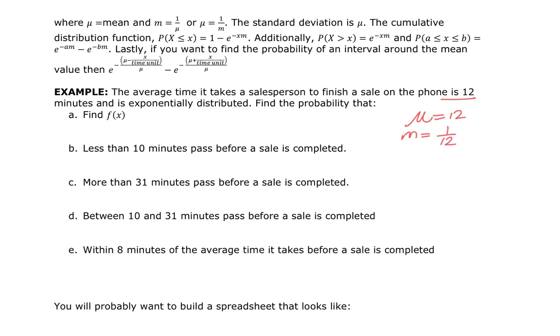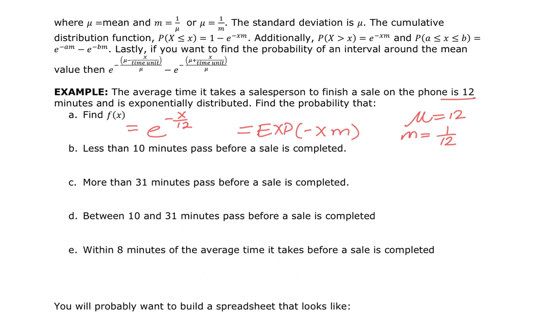So my probability function is e raised to the negative x over 12. So what I'd have to put if I was trying to do this calculation is, in an Excel spreadsheet, I would do equals exp negative, and I would have an x, and then I would have my m, whatever that is calculated.